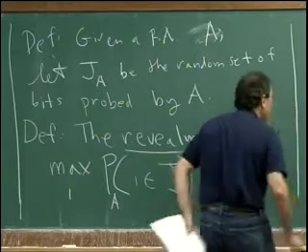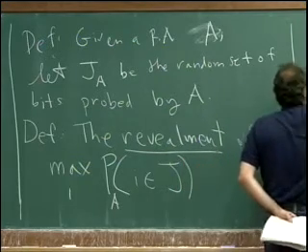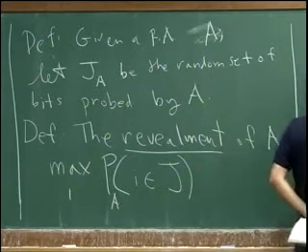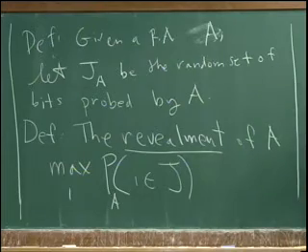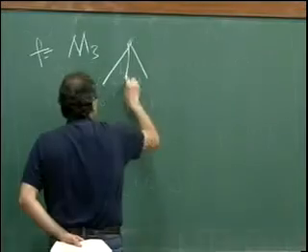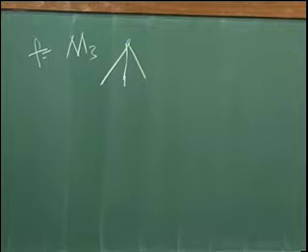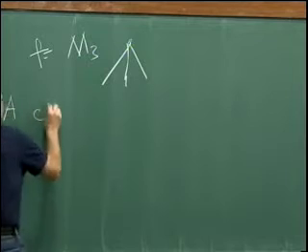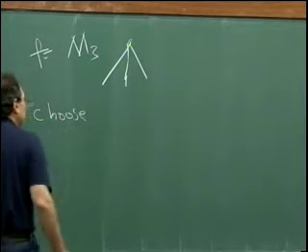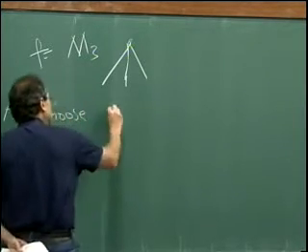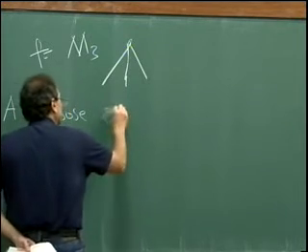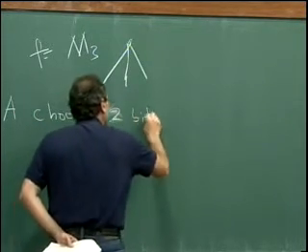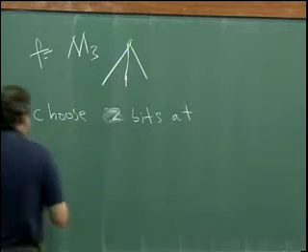This is the maximal probability that a bit is probed. If we take a simple example, the majority on 3 bits, there's a very simple algorithm I could use in this case. My algorithm A could do the following: choose 2 bits at random.